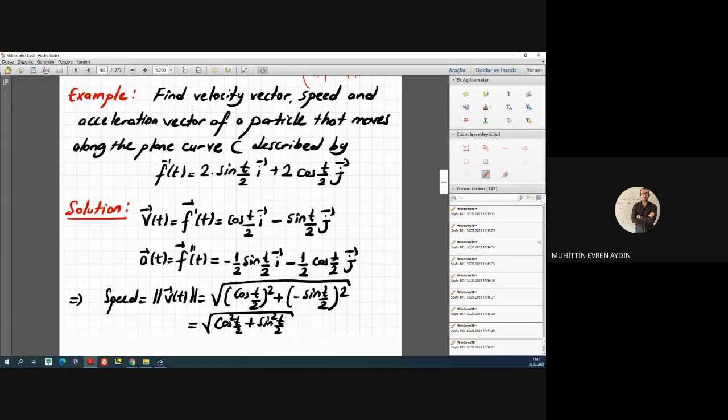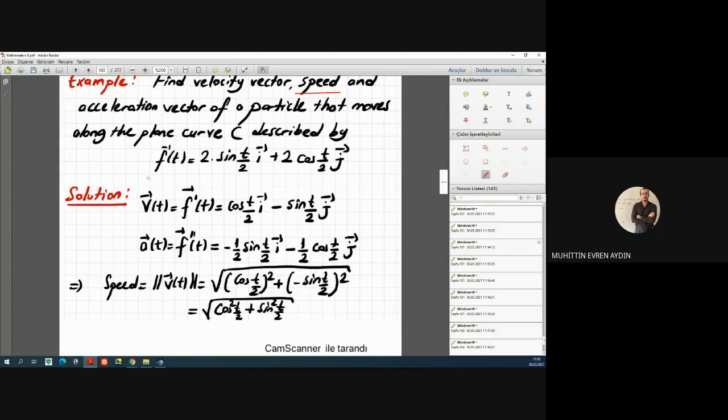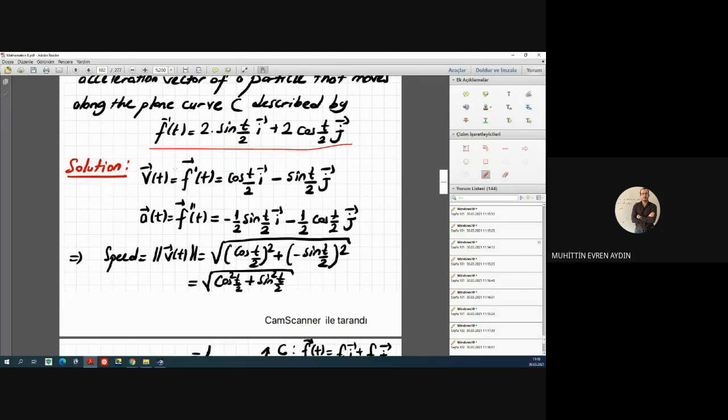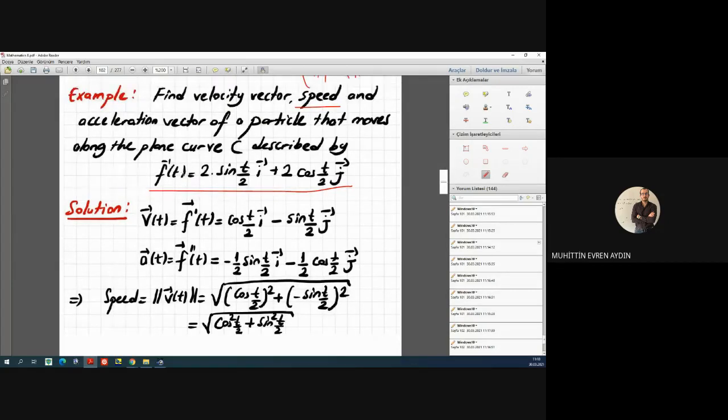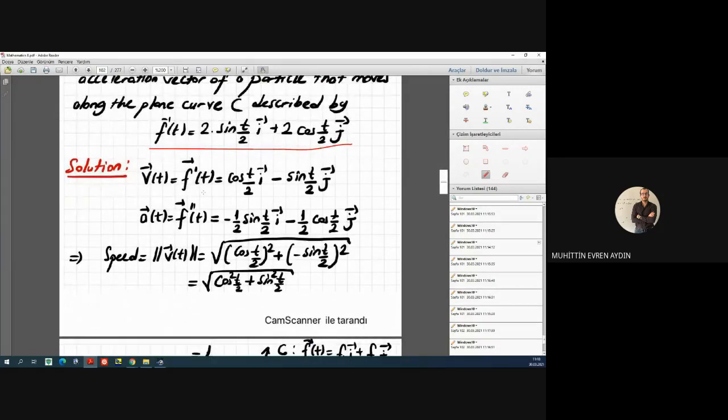An example. Let's find the velocity vector, speed and acceleration vector of a particle that moves along the plane curve C described by this vector valued function. The velocity vector is its first derivative, which is cosine of t over 2, minus sine of t over 2.